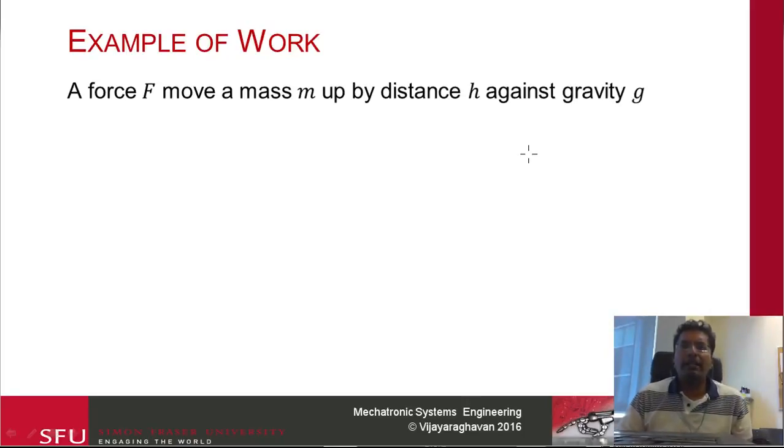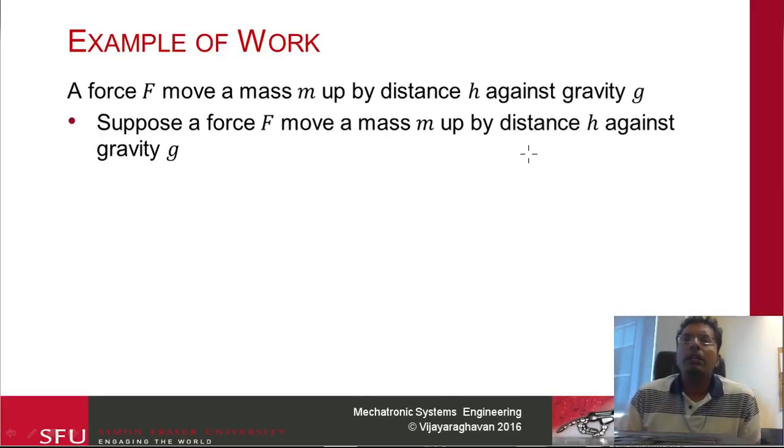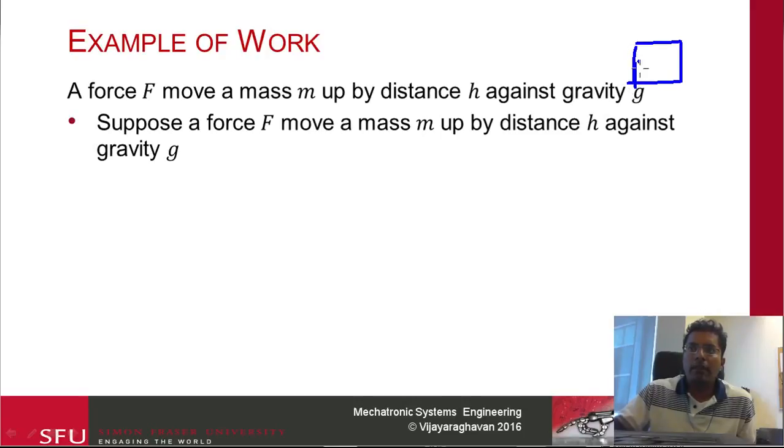A simple example to illustrate what happens when you have a force moving against gravity, or how the work is done. Imagine you have an object like this. It has some mass m, and you have gravity acting down like this.